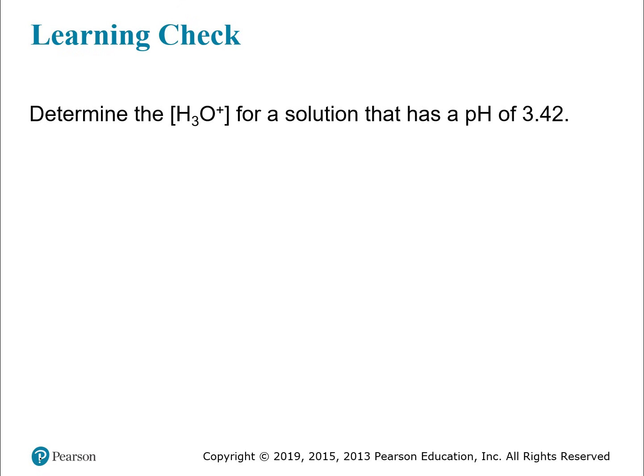Let's do a practice. And again, I encourage you to pause it here and try it. But if you don't, at the very least, make sure you know how to use your calculator to get to the right answer. Determine the hydronium concentration for a solution that has a pH of 3.42.